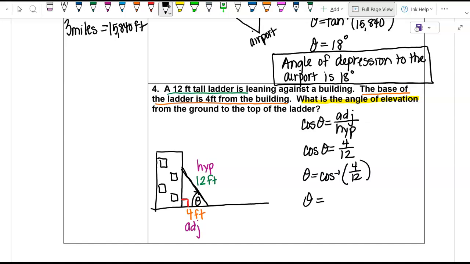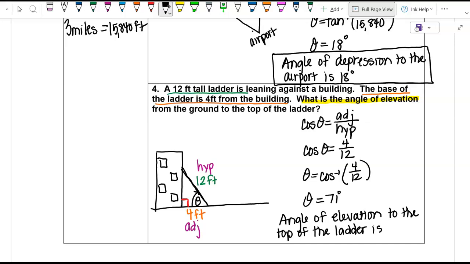So what is the inverse cosine of 4 divided by 12? 71 degrees. So the angle of elevation to the top of the ladder is 71 degrees.